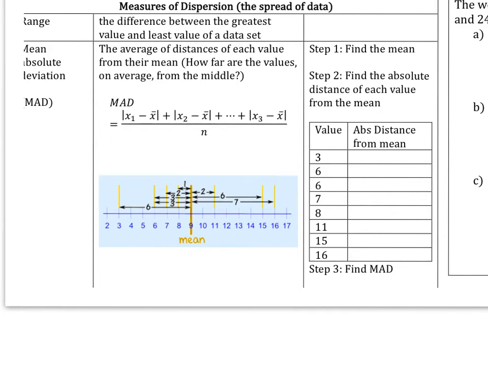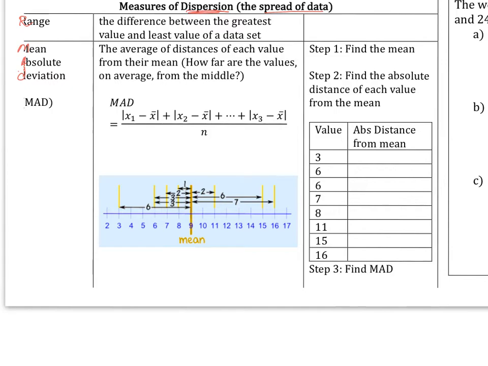For the measures of dispersion, the word dispersion meaning the spread of a data set, we're only going to look at range and mean absolute deviation for this year. So the range is the difference between the greatest value and the least value of a data set.